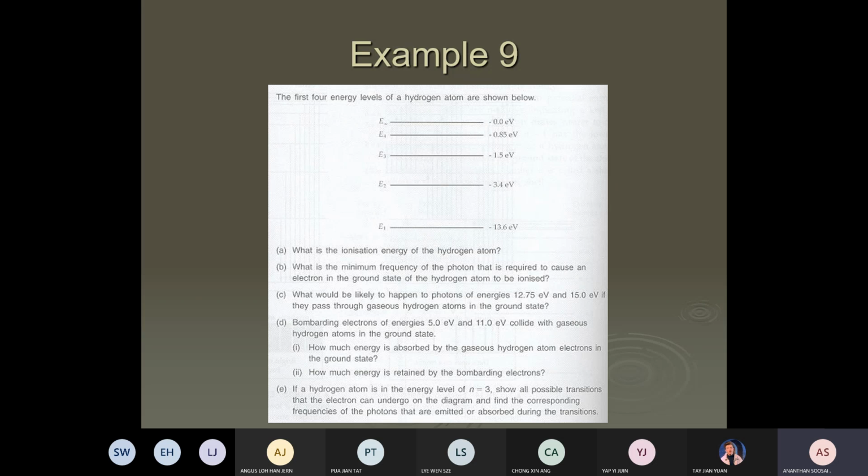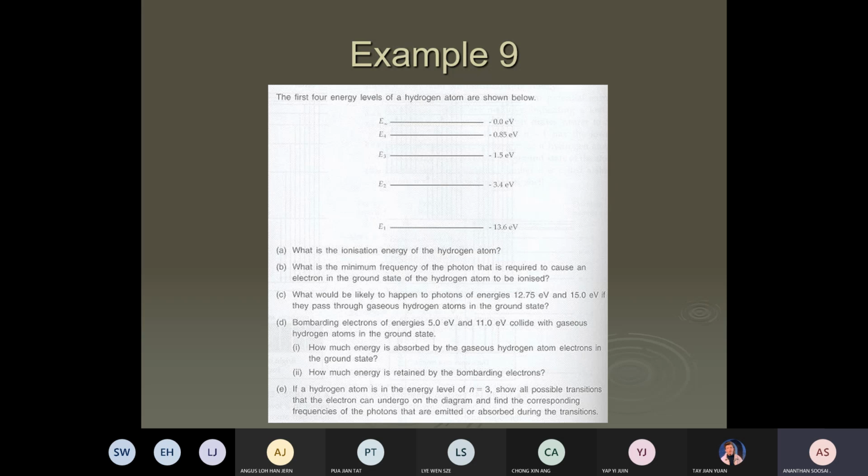How about 11 eV? Where can you jump? 13.6 minus 3.4 is 10.2, right? This is 11, and the next level would need 12.1. So the 11 eV is enough to make the electron jump from E1 to E2.